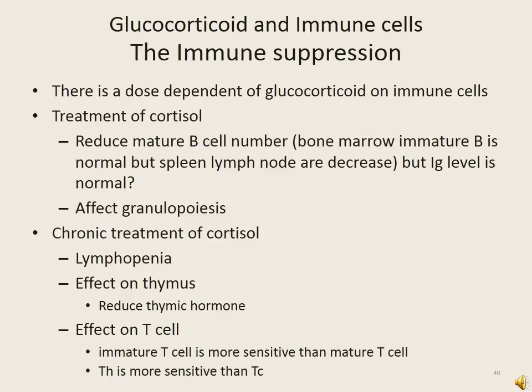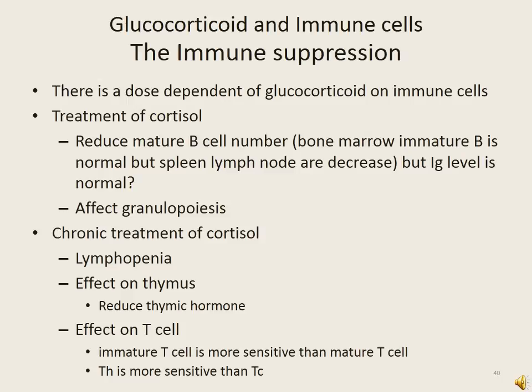The cortisol will reduce the number of mature B cells, only the mature B cells, and it affects the development or the synthesis of granulocytes. Okay, PMN, basophil, eosinophil, and chronic treatment with cortisol will induce lymphopenia.